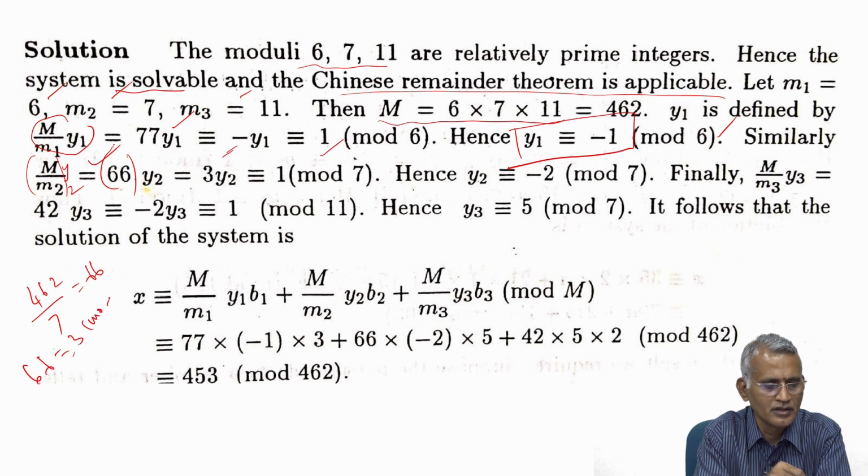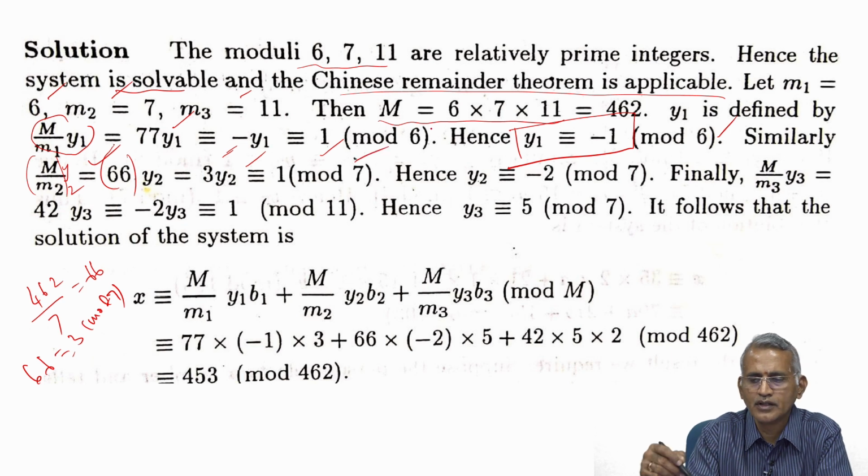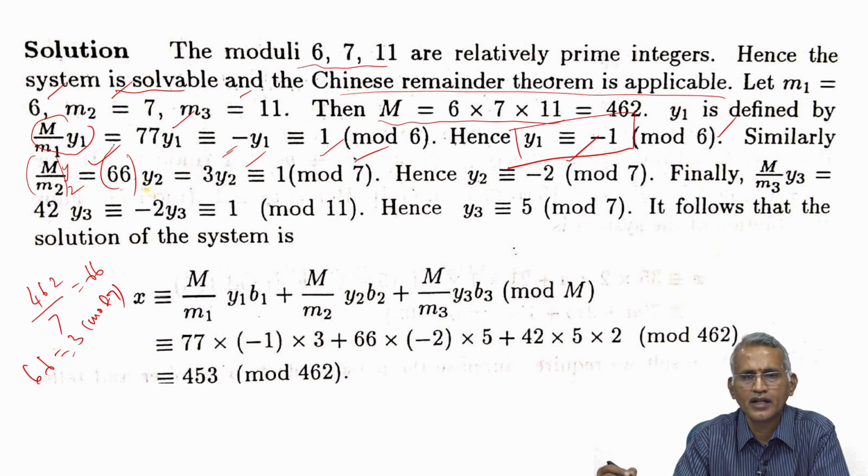So, that is 3 y2 is identically equal to 1. So, using the inverse technique, find the corresponding inverse of 3 under modulo 7. So, 3 into minus 2 is minus 6, which under modulo 7 is 1. Therefore, y2 equal to minus 2 under modulo 7.